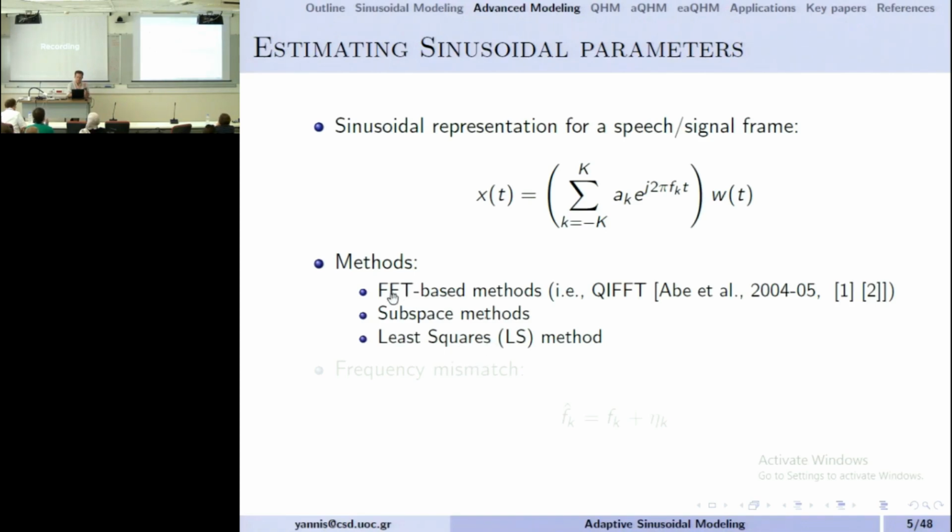There are also FFT-based methods like peak picking, but also there is one from Stanford University, the quadratic interpolated fast Fourier transform method. Again, the problem is that there is a mismatch between the real frequency and the frequency that we assume here that we know. And there is an error. The error is this one, let's assume, eta, which is a function of k, so we make a mistake in all frequencies.